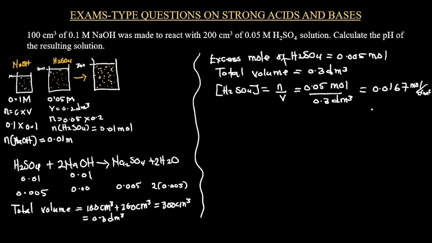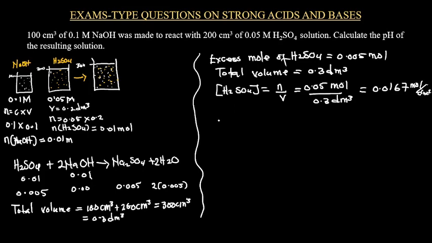Now, from here, we know that, or we have an idea that the resulting solution is going to be acidic since we do not have any basic species or sodium hydroxide left in the solution. Okay, so we'll go ahead and dissociate the H2SO4 to find the concentration of H plus because we know that pH is equal to the negative log of H plus concentration, right?